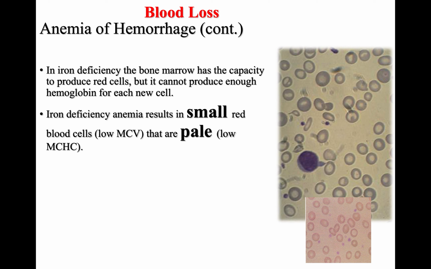MCV is mean cell volume, usually measured by red blood cells times 10, so we're lacking them. They're going to be small. It has to do with the size. MCH means mean cell hemoglobin, and because we're missing the cells, we're going to be missing the hemoglobin. They usually go hand in hand.